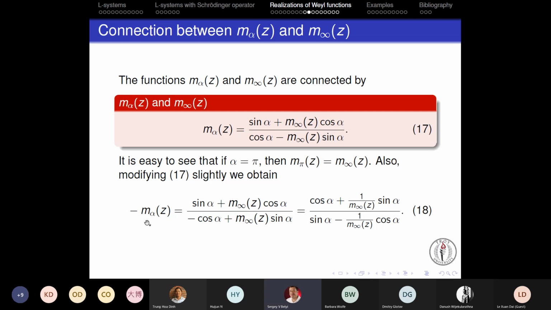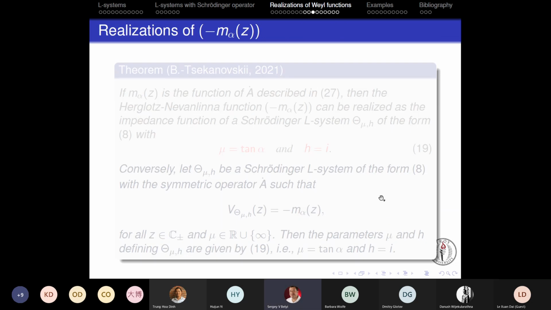And so now on the left of formula 18, you see a Herglotz-Nevanlinna function, minus M alpha of z, and its connection to a Herglotz-Nevanlinna function, 1 over M infinity. Again, it's a slightly modified LFT 17, but now it relates to Nevanlinna functions. Okay, then the results will follow.